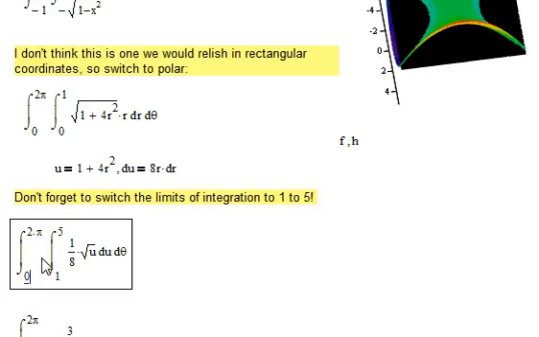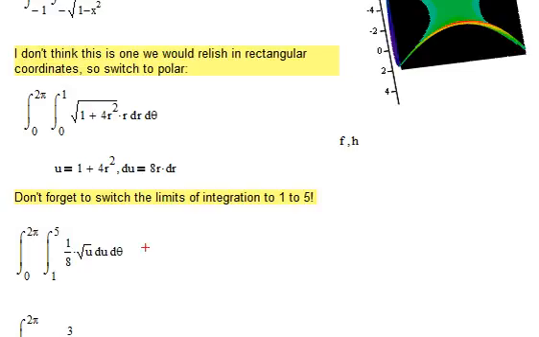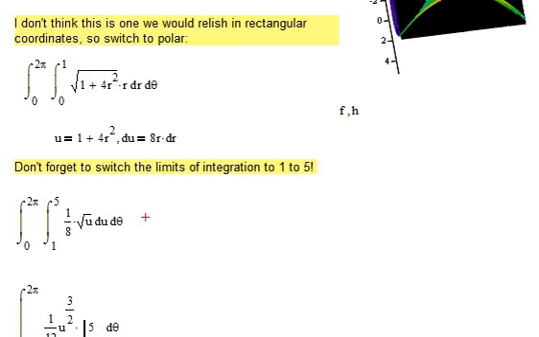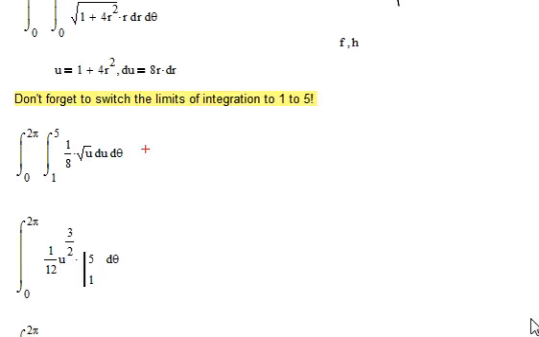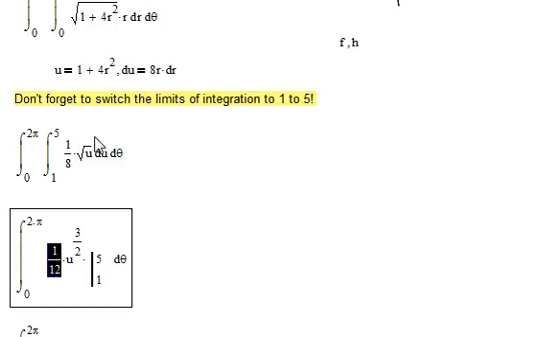And our limits 0 to 2 pi remain the same, but we wind up then integrating 1/8 square root of u du d theta. Integrating first with respect to u, that's just 2/3 u to the 3 halves, and 2/3 of 1/8 is 2/24 or 1/12 times u to the 3 halves, u going from 1 to 5.